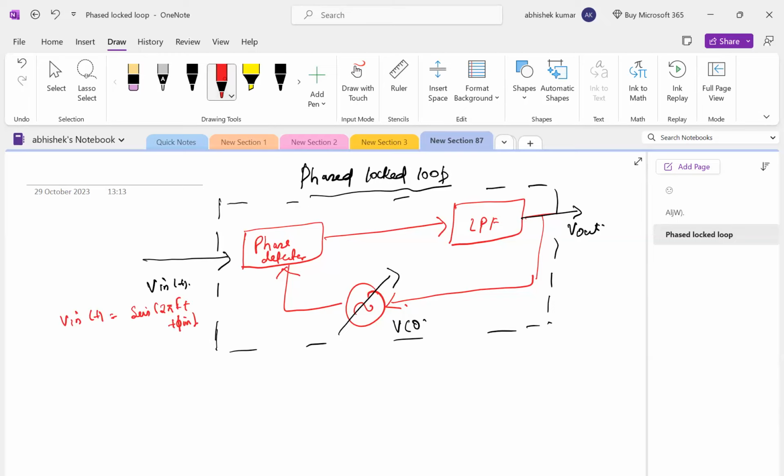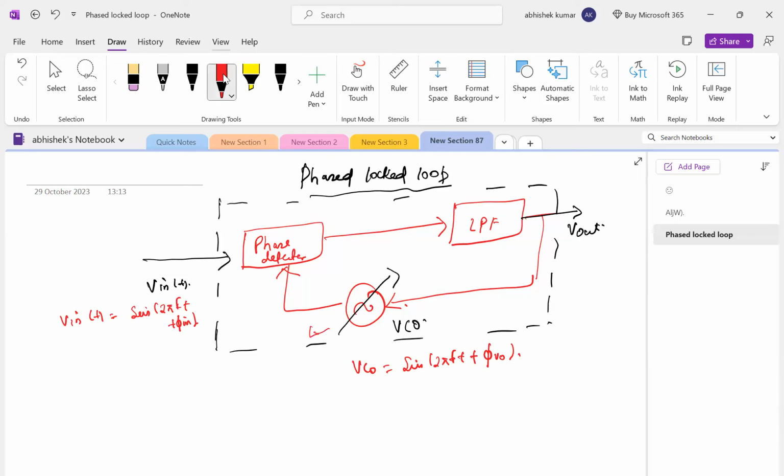This is our input. And we have the VCO output, which is sin(2πft + φ_VCO). So you can see how these phase lock loops are changing the phases. We have the input of one phase, and the voltage controlled oscillator output of a different phase.